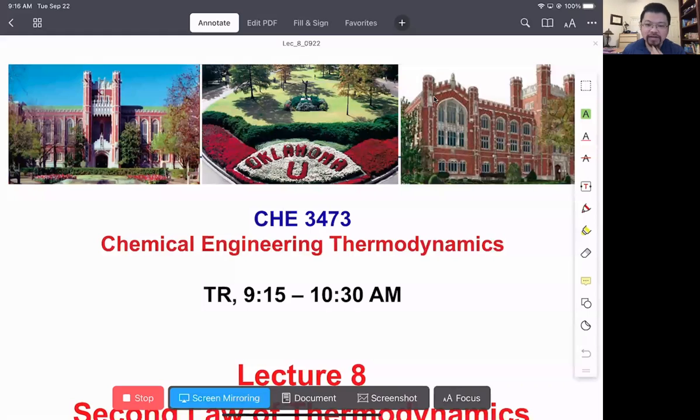Okay, so for today's lecture, first of all, you may realize that we are moving forward to chapter 5. We are planning to spend this week to finish the discussion of chapter 5. And then we are going to quickly cover chapters 8 and 9 as the application of the Carnot cycle that will be discussed this week.